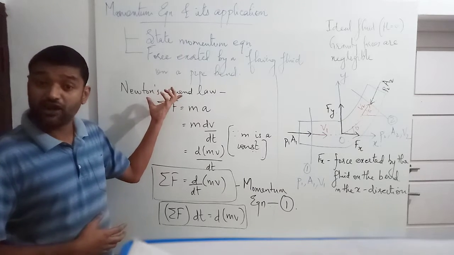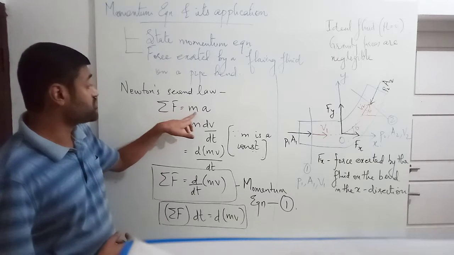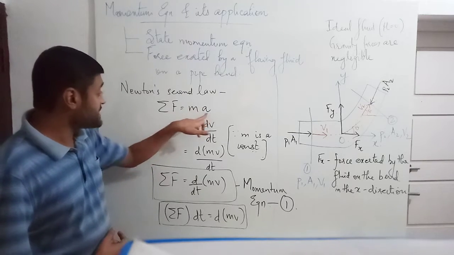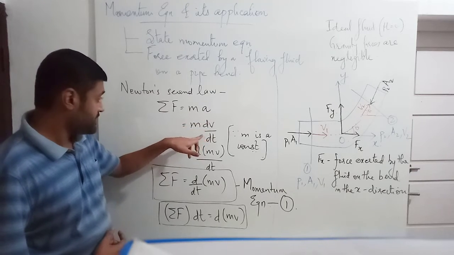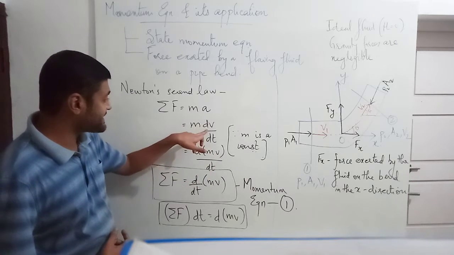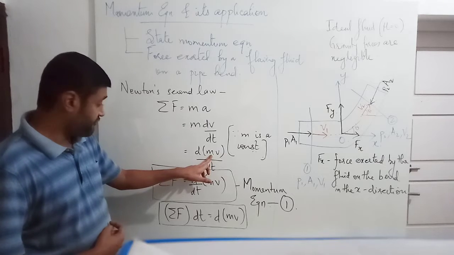According to Newton's second law of motion, the summation of forces in any direction is equal to mass times acceleration in that particular direction. That can be written as m times dv by dt. That can again be written as d by dt of mv, because practically, since m is a constant, it can be taken inside the differential.